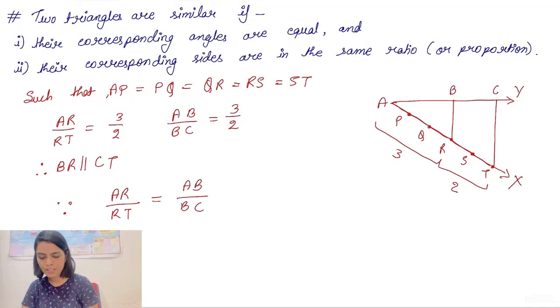I am not saying that these lines are equal in measurement, but that the complete line has been divided into a 3:2 proportion. So in the same manner, this line is also divided into 3:2, that is, AC is divided into 3:2 parts, AB and BC.